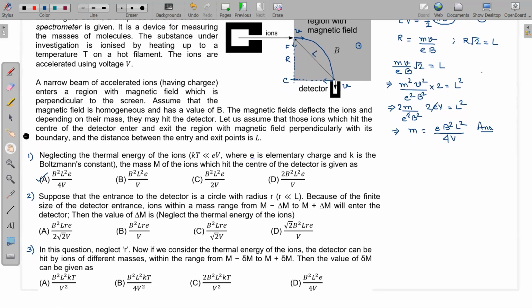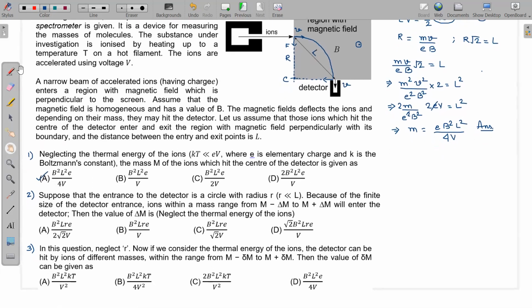Now in the second part, it is said that suppose this detector has an entrance which is a circle of radius small r. For this second part I can say that the radius of this arc can vary by plus or minus small r. If the radius of the arc is capital R minus small r, then it will hit this left point of the entrance.